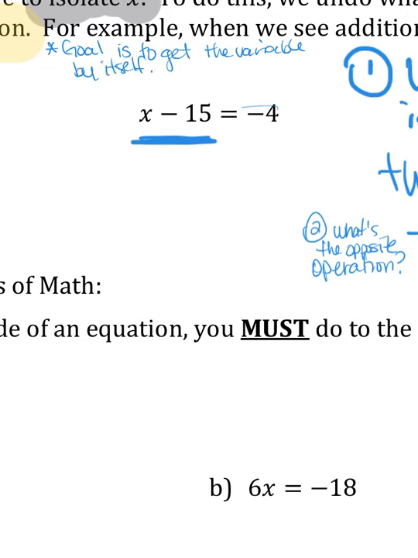Okay, so I can add or subtract things into my equation as long as I do it to both sides. So here I have x minus 15, and we said that we're going to do the opposite of whatever that minus is, so I'm going to add it. And if I added 15 to one side, I have to add it to the other, because it's like a teeter-totter.